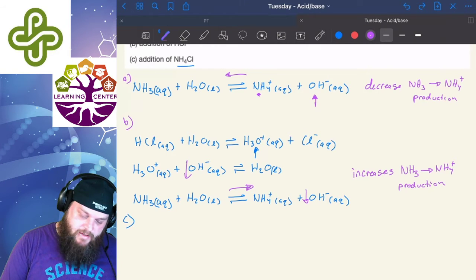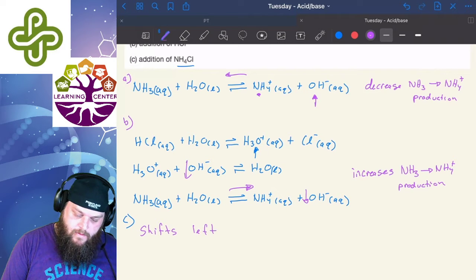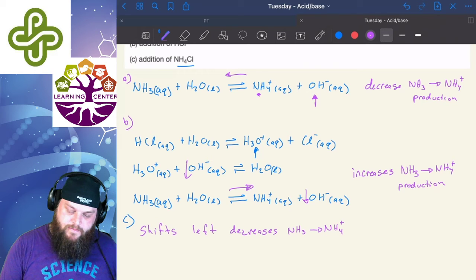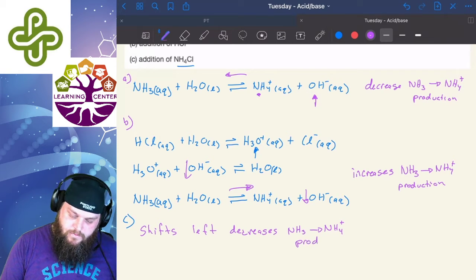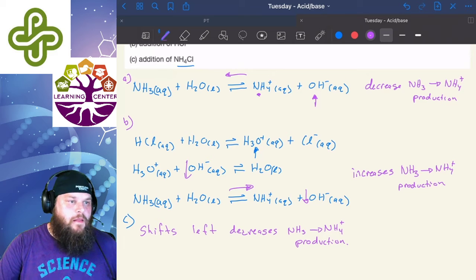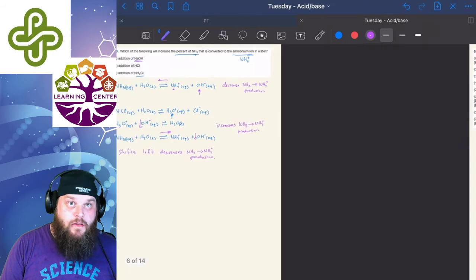So I'm simply going to say shifts left and decreases that production. Anytime we're shifting left, this reaction happens less. Less of the ammonia becomes ammonium. And that's it for this problem.